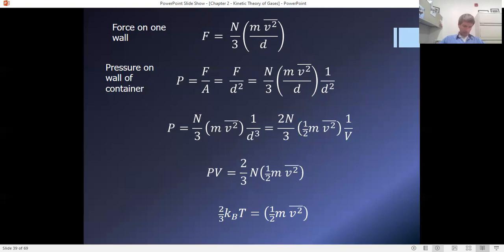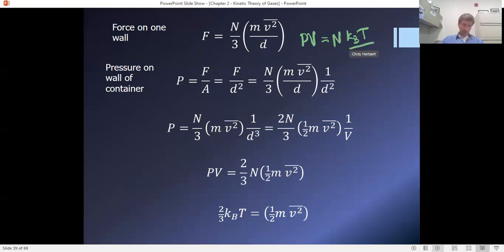What's kind of neat is I can identify all my different parts here. I need to get to PV equals capital N kB T. That's where I need to be.